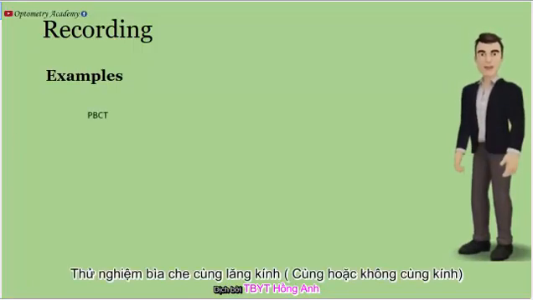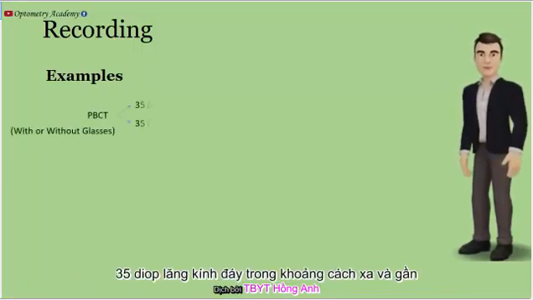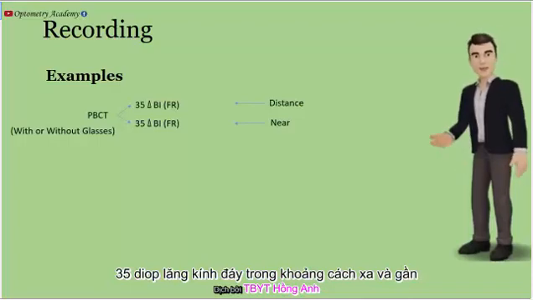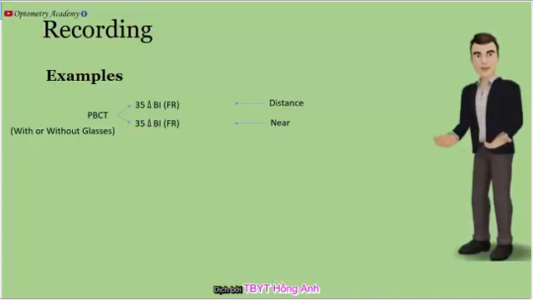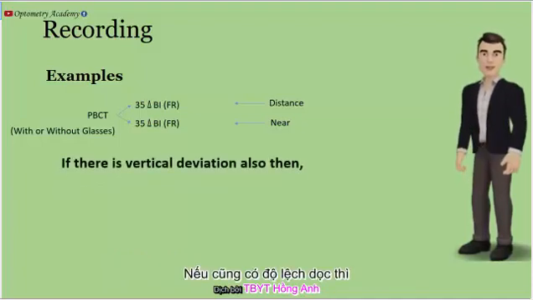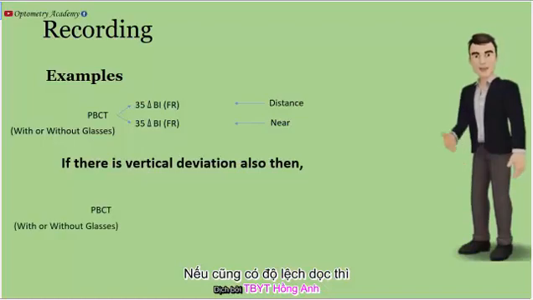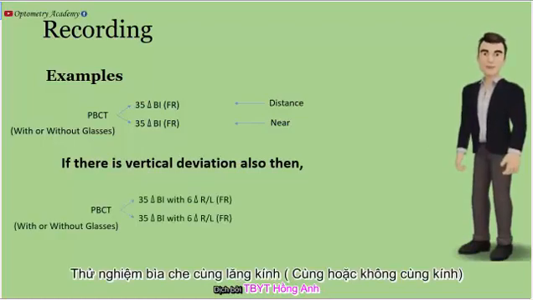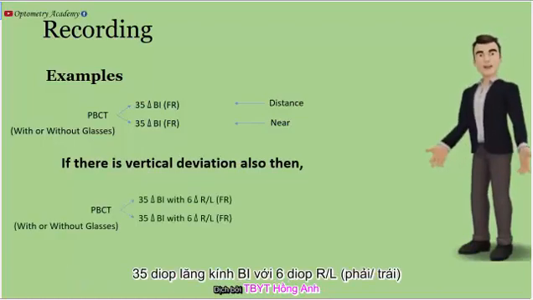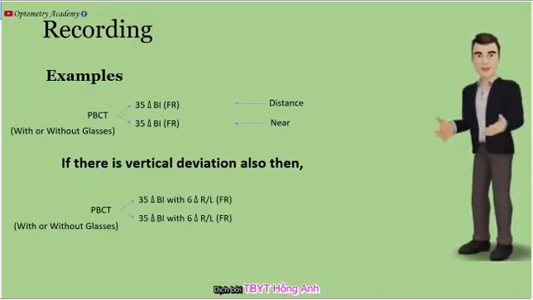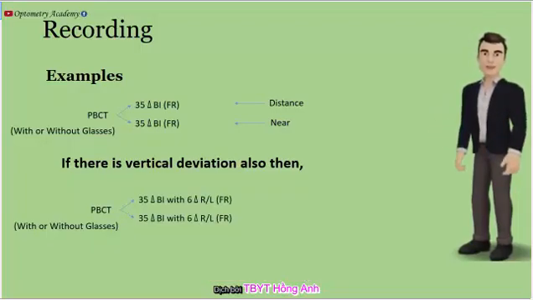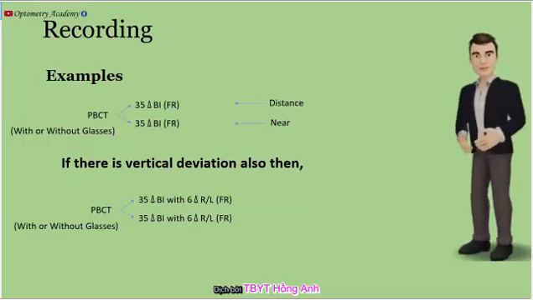Example, PBCT with or without glasses, 35 prism base in fixing right in distance and 35 prism base in fixing right in near. If there is vertical deviation also, then PBCT with or without glasses, 35 prism base in with 6 prism R over L fixing right and 35 prism base in with 6 prism R over L fixing right.